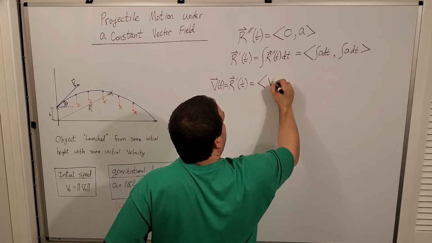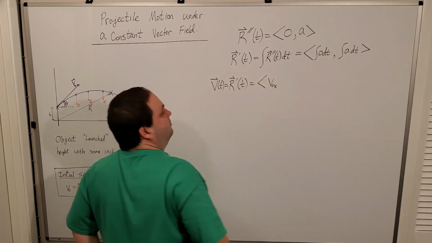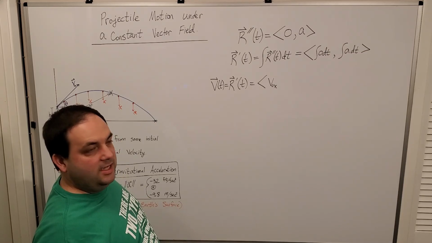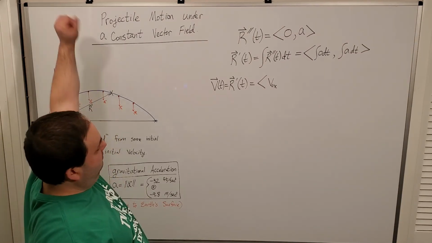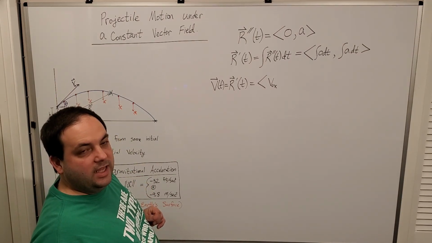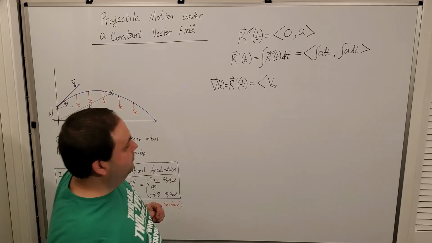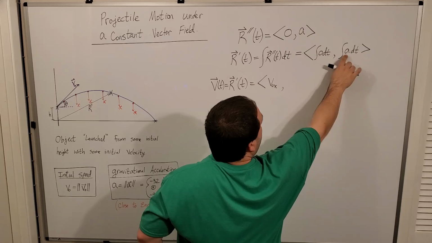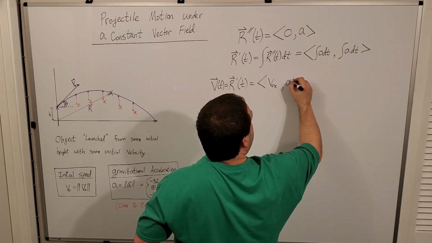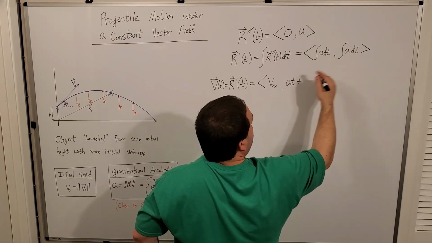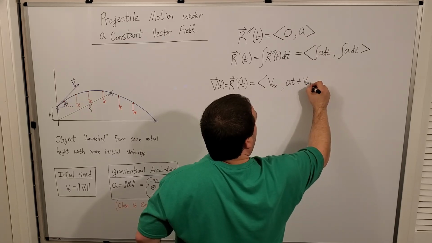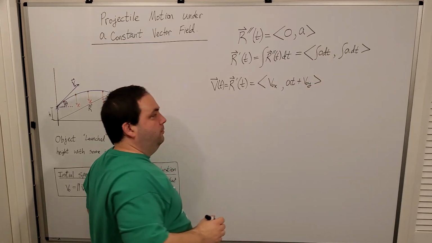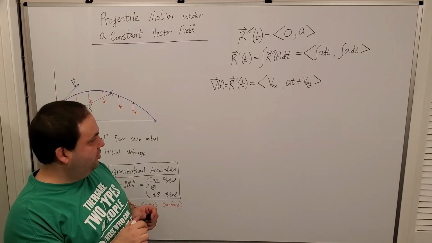I'll call it V naught x. V naught is the initial velocity, okay? And then I'm saying in the x direction. And then here, the antiderivative is going to be at plus some other constant, V naught y.